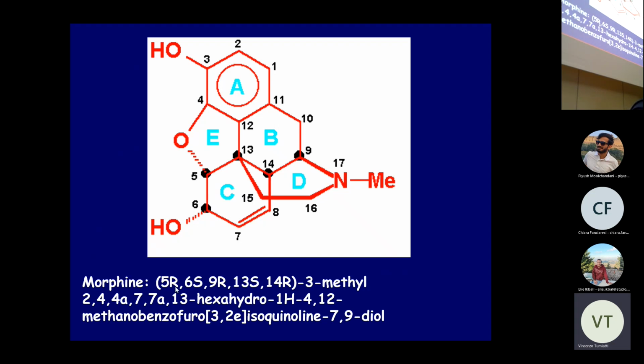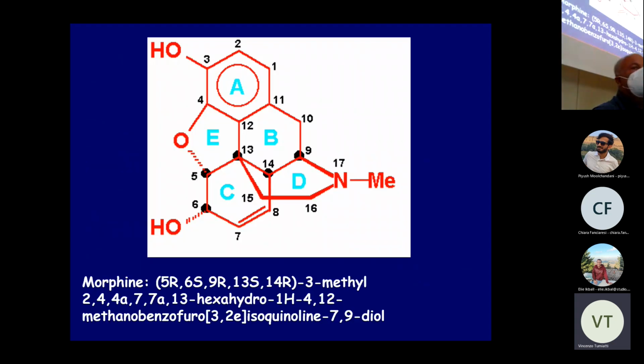We start with R, and then R, S, R, S, R. You see the chemical name, too long, but just to show you the chemical name made with ChemDraw. Okay, I'm not able to make this type of chemical name.